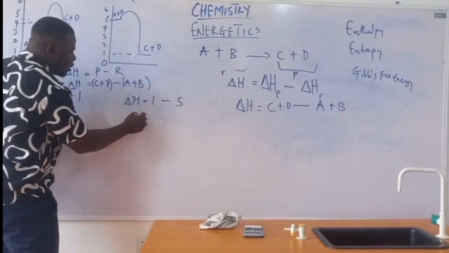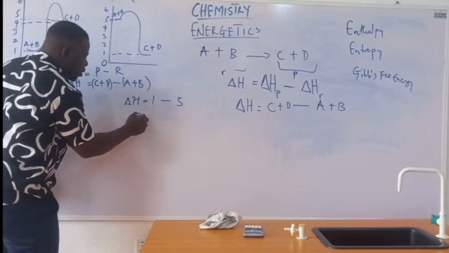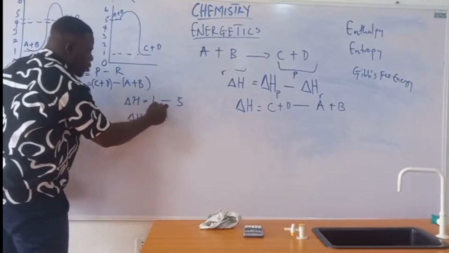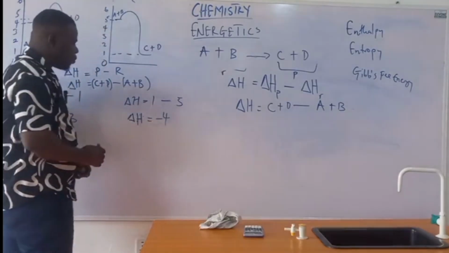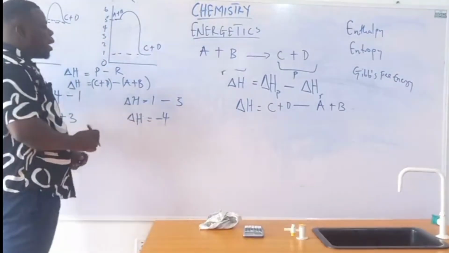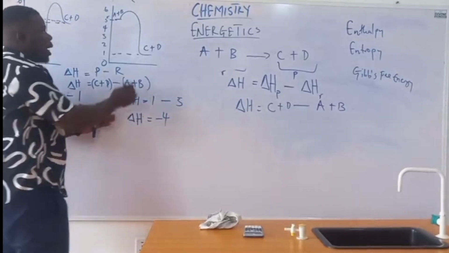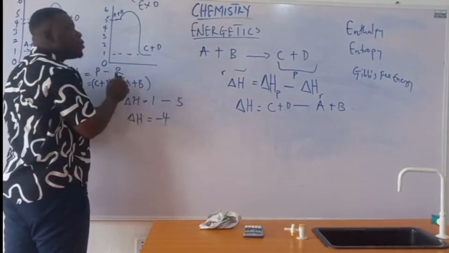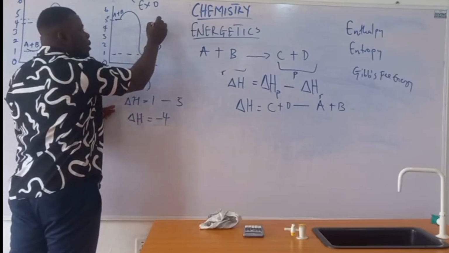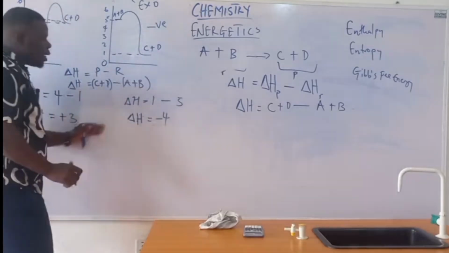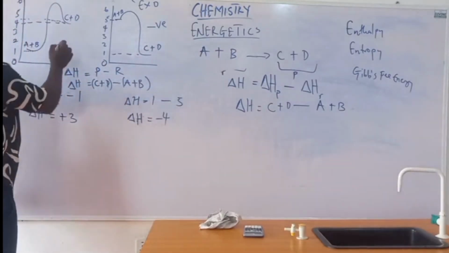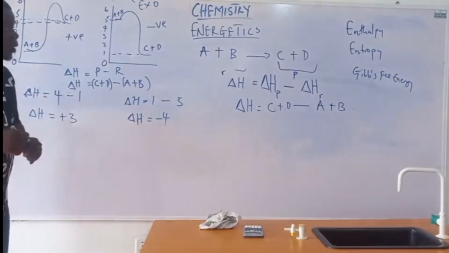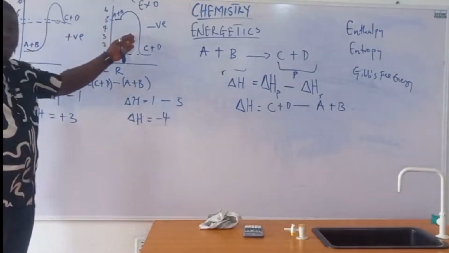At the end of the day, delta H is equal to minus 4. So I want you to know that an exothermic change is always negative, and an endothermic change is always positive. So this is a positive change, and this is a negative change.